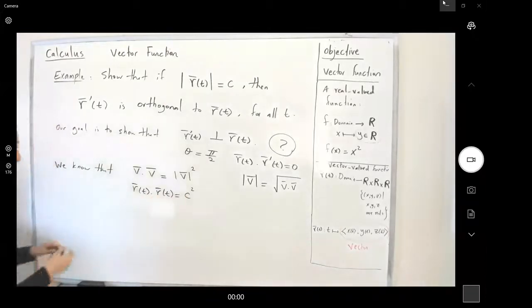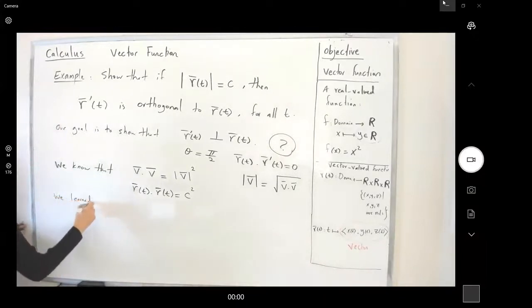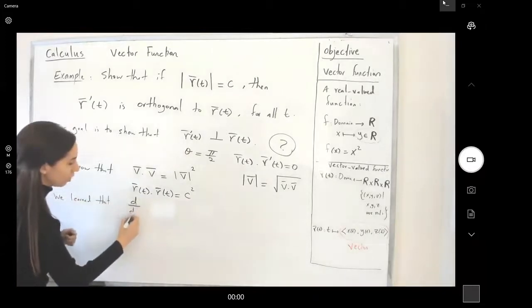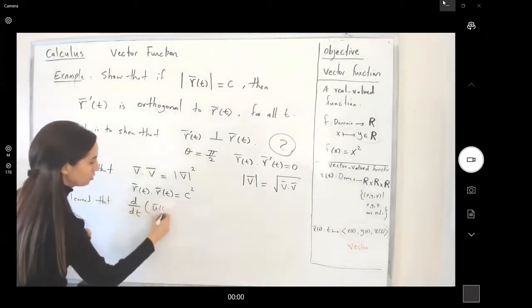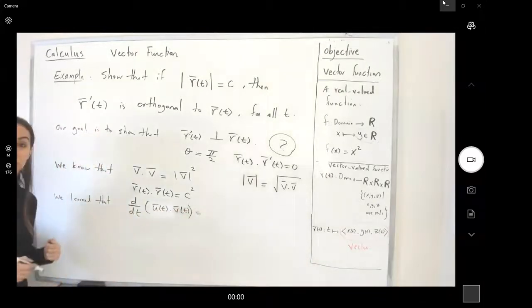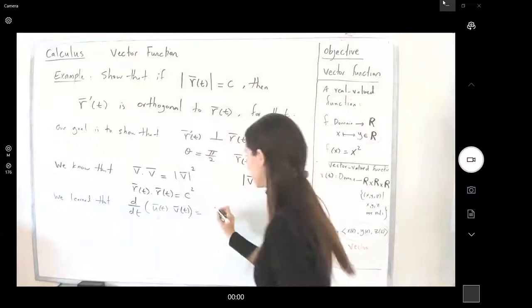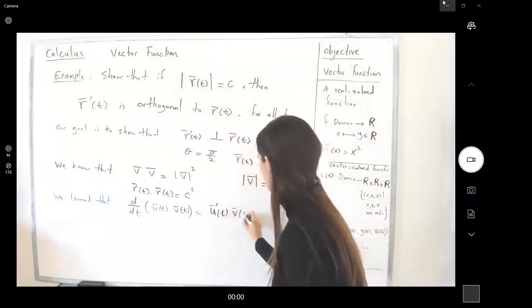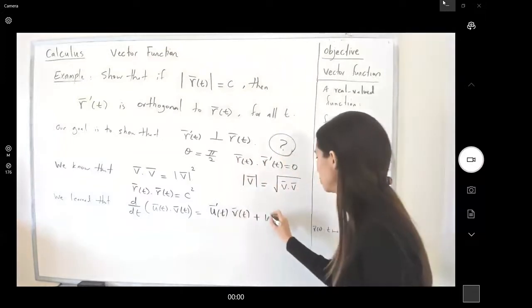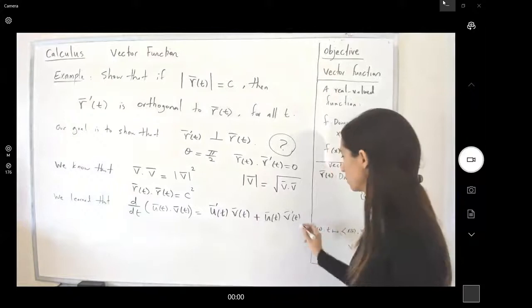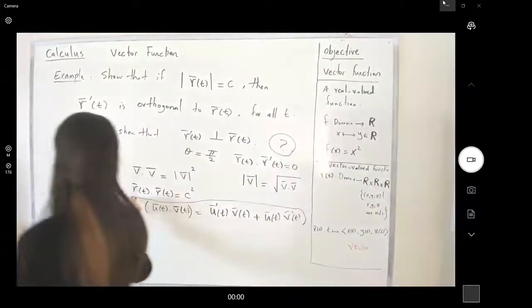You just learned that if you have a derivative of the dot product of u and v, we need to apply the product rule, which says we have the derivative of u times v plus u times the derivative of v. This is what we learned today.